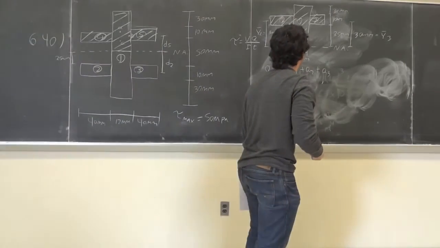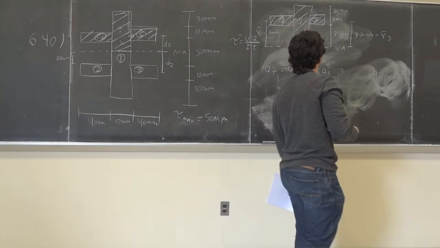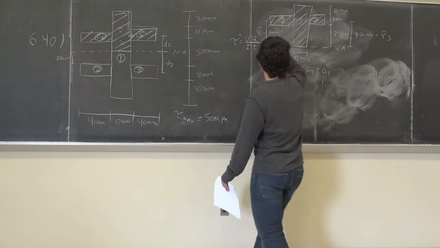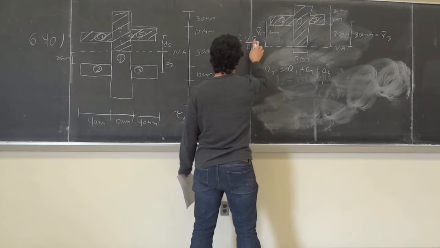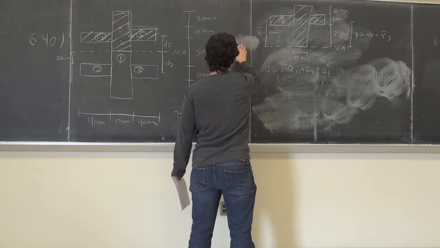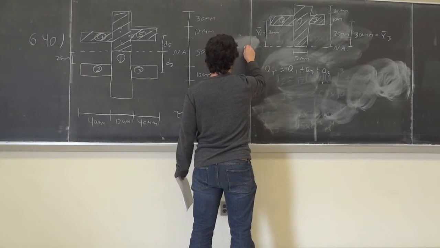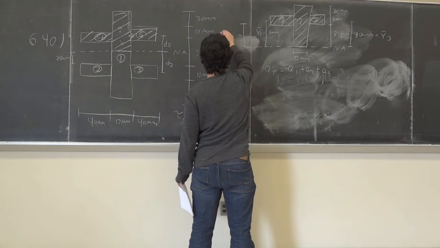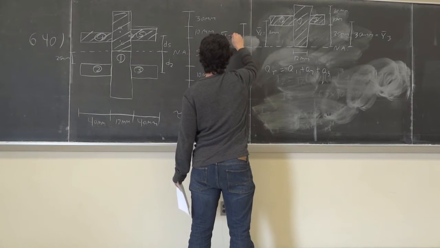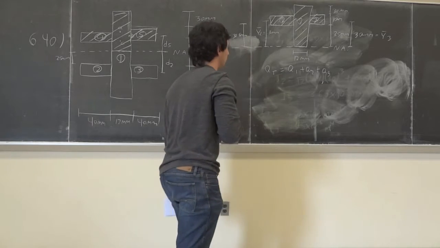We have 25, 25 plus 10 is 35, so it's 65 divided by 2. So y bar 1 is 65 divided by 2, 32.5 exactly. So this is y bar 1, which is 32.5 millimeters.